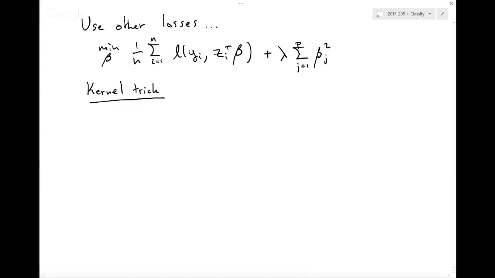What I'm going to do is think of beta in the following way. First of all, beta is a vector in p dimensions, whatever p is. So are the zi's: this is beta, this is z1, maybe we have z2 here, and so on up to zn.